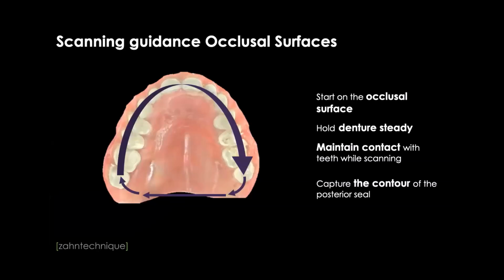Start on the occlusal surface, hold the denture steady, make sure you don't really move a lot, or even hold it on the table, so that everything is stable. Maintain contact with the teeth or with the bite rim in this case while scanning, and capture the contour of the posterior seal. That's very important, right? Because you just made a wash impression of that. So now we have the posterior seal nicely impressed, scan it.